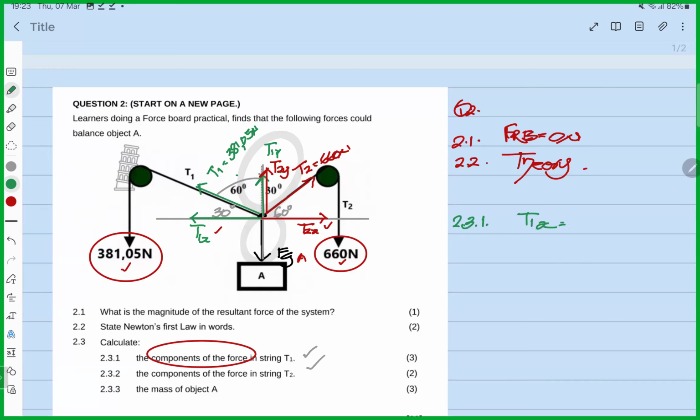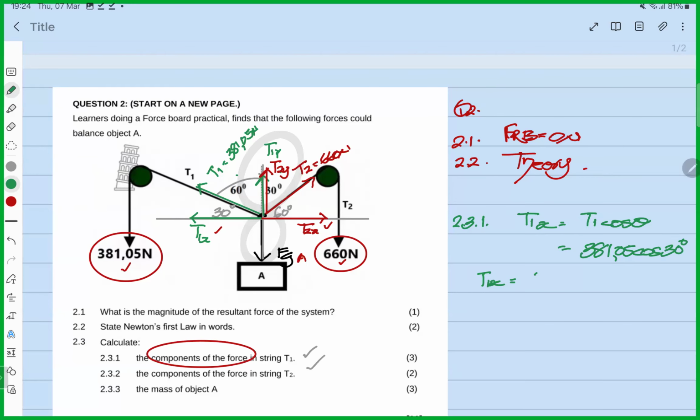T1x is going to be T1 cos theta, which is 381.05 cos 30. $330, sir.